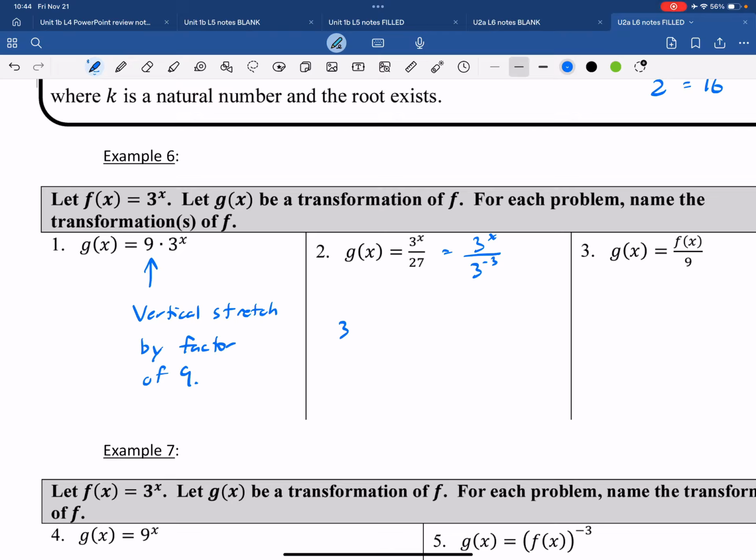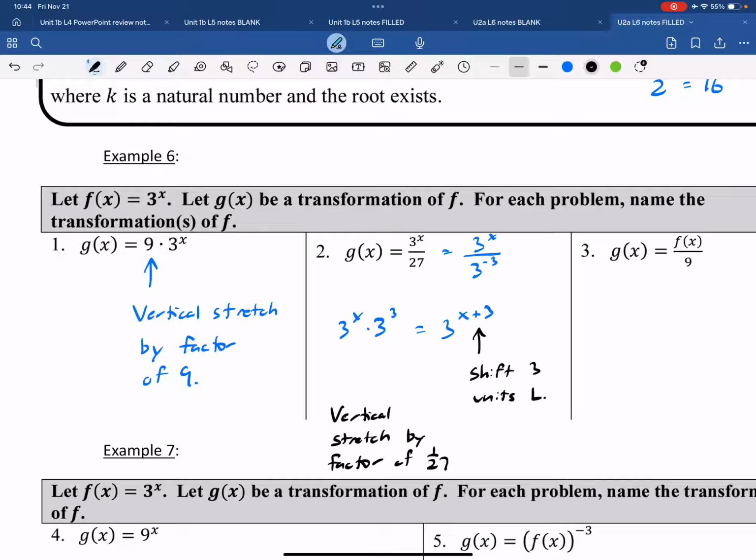So that's like 3 to the x times 3 to the positive 3, if I move it up to the top. And that's like 3 to the x plus 3. So actually, maybe that's too much to do. One way to think about it is, this is a shift 3 units left. Or you could just say it's a vertical stretch, that's maybe easier. Vertical stretch by factor of 1 over 27.